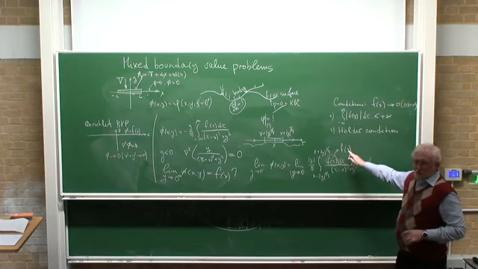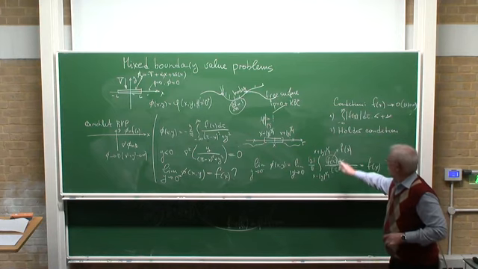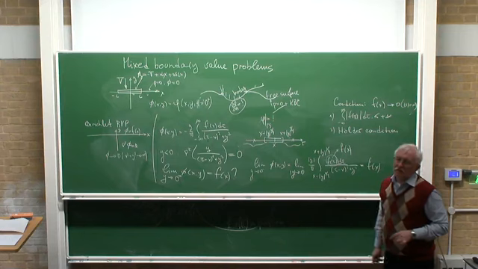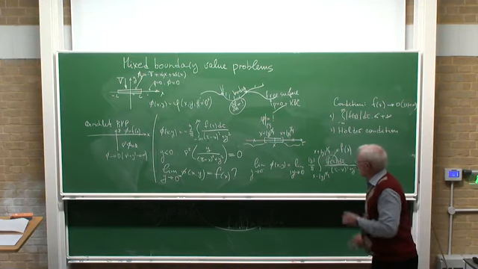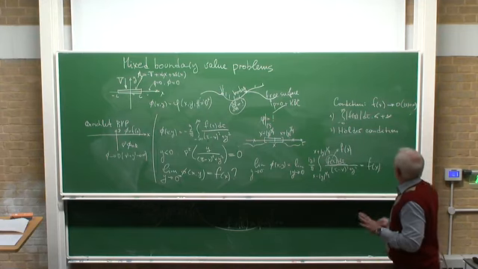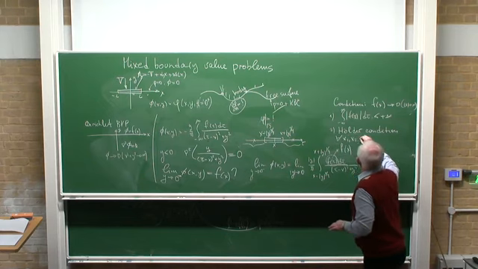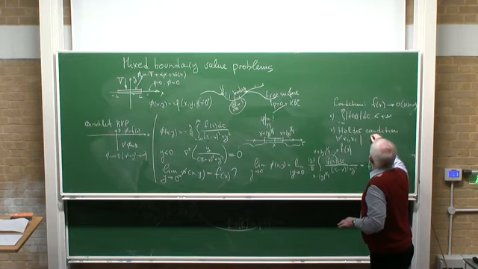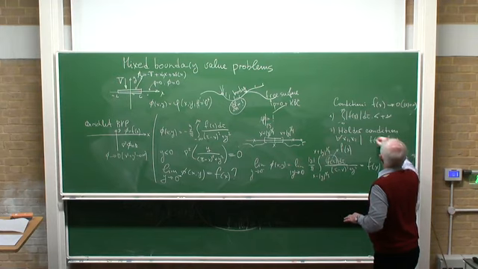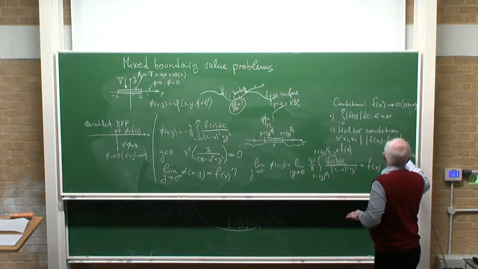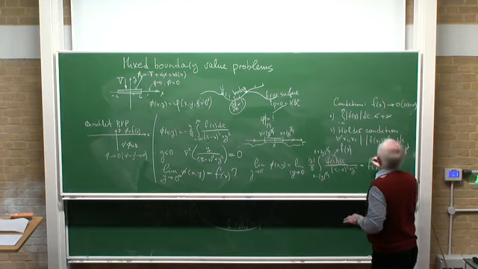This condition makes it possible to approximate a function over here with its value at the middle of the interval. This condition is that for any x1, x2, the absolute value of f of x2 minus f of x1 is less than A times the absolute value of x2 minus x1 to the power lambda, where lambda is from 0 to 1.